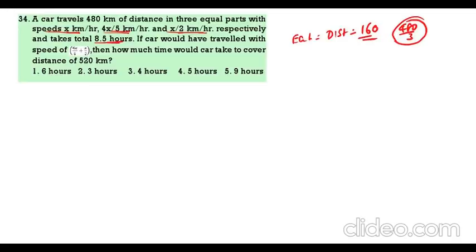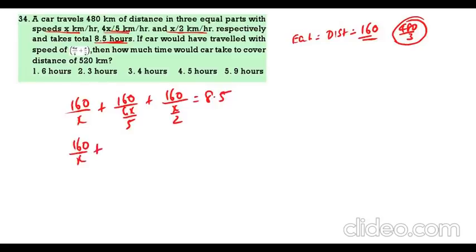And total time taken is 8.5 hours. So 160 by x plus 160 by 4x by 5 plus 160 by x by 2 is equal to 8.5. Now solve this. 160 by x plus 800 by 4x plus 320 by x is equal to 8.5. 160 plus 320, 480.